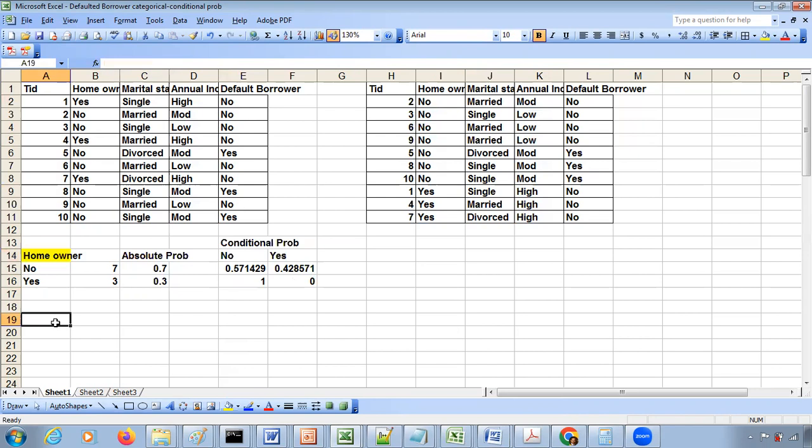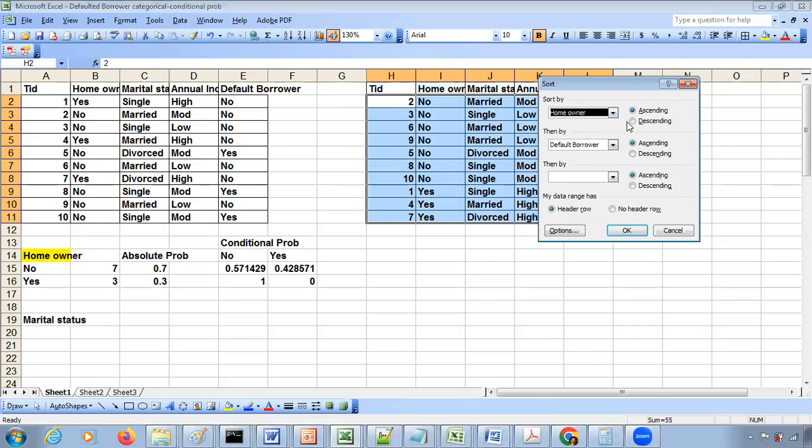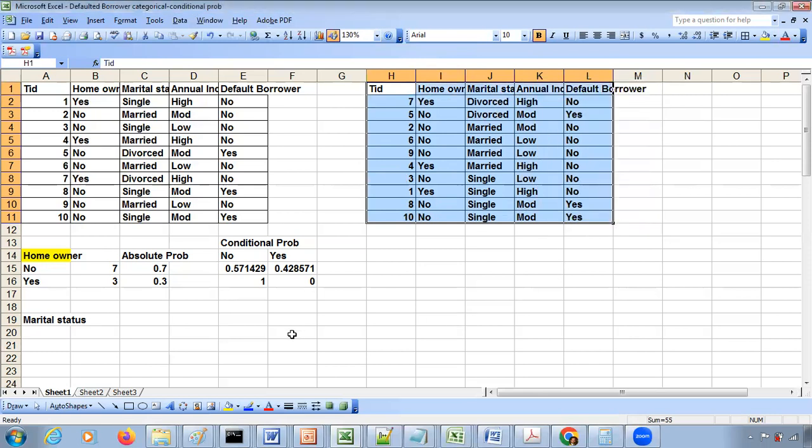So now we'll go to marital status. If you sort this based on marital status, we get 3 classes again. So divorced, married, and single.